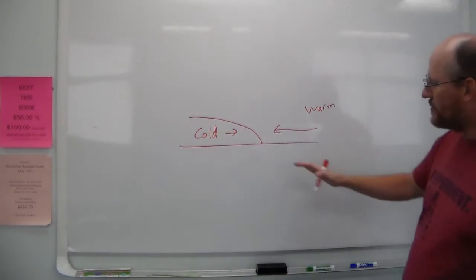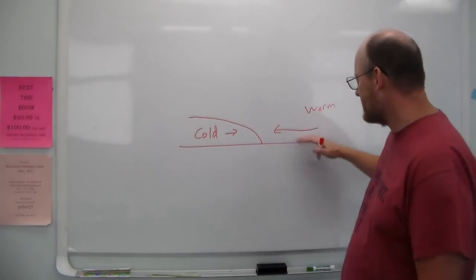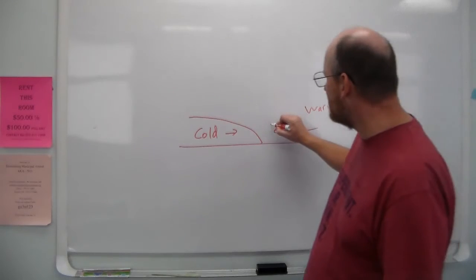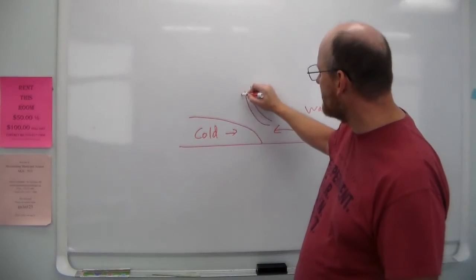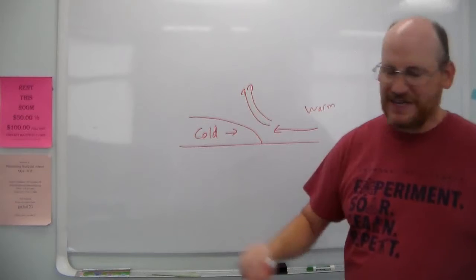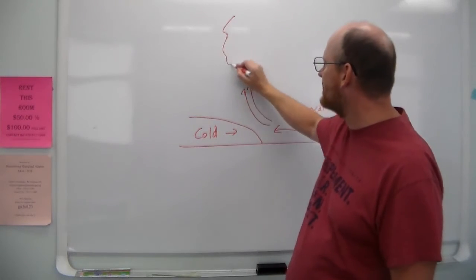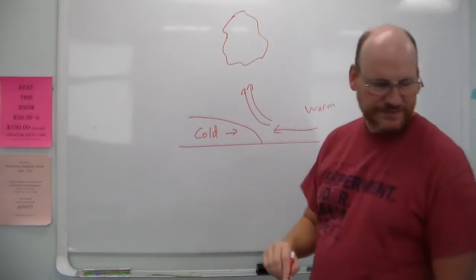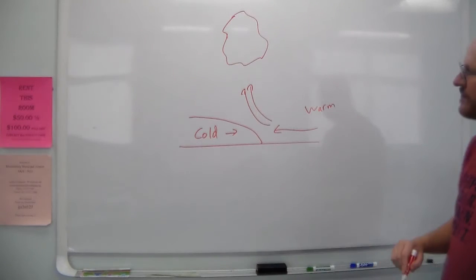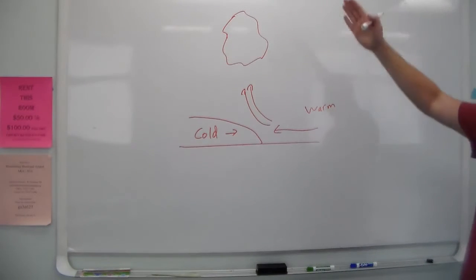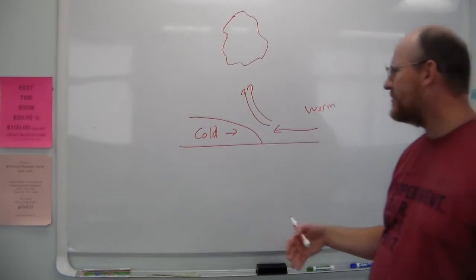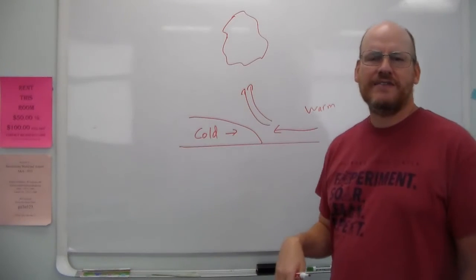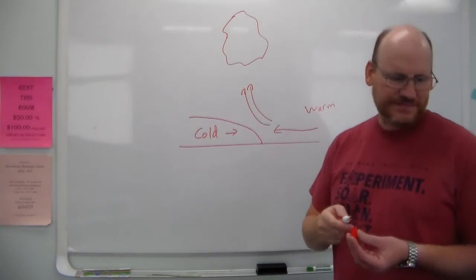Well, that cold air is more dense. This warm air gets forced up, and I might see clouds. The air gets forced up, things cool down, and boom, visible moisture.